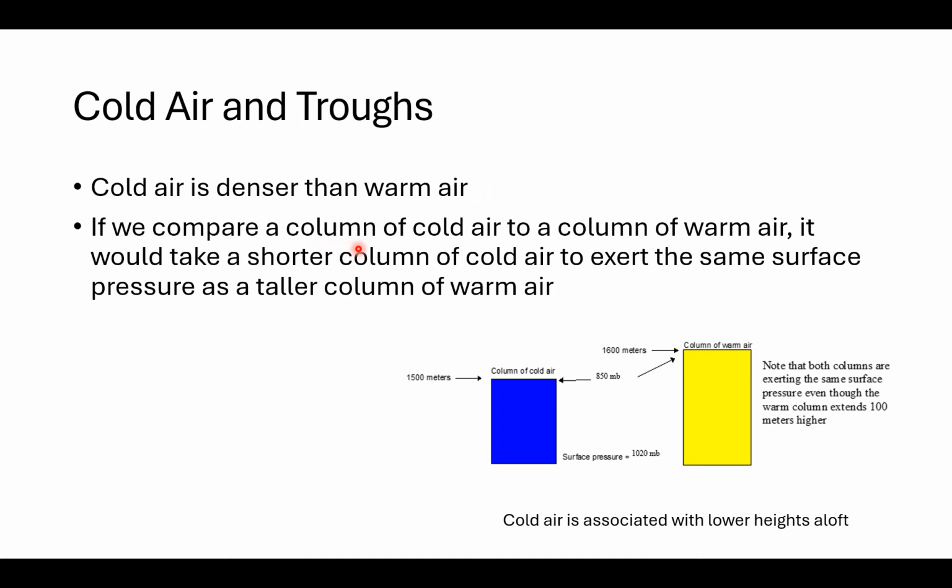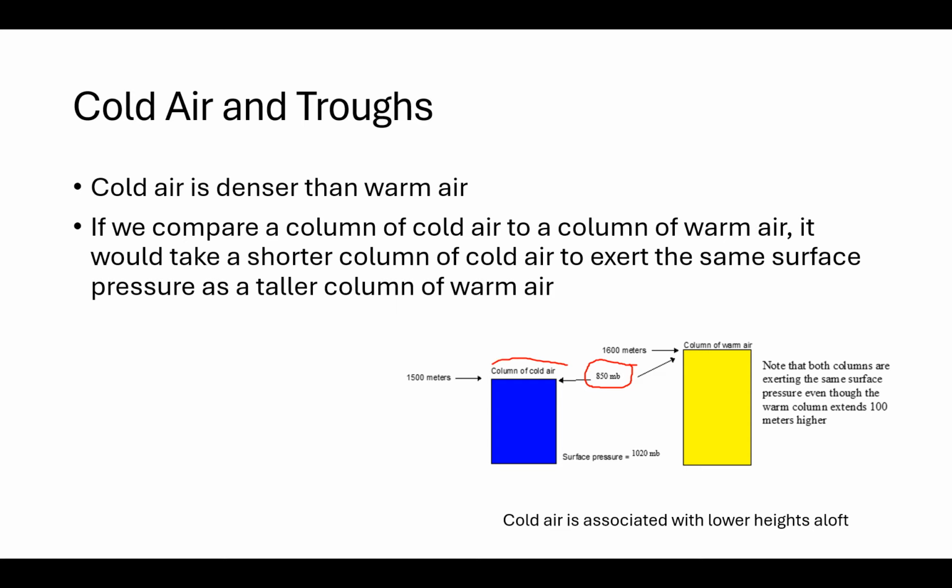If we compare two columns right down here in the bottom right, one column of cold air, represented by this blue block, to a column of warm air, represented by this yellow block, we can clearly see the height of these two columns of air is different. If we were to look at the 850 millibar constant pressure surface, how would these blocks of air change?